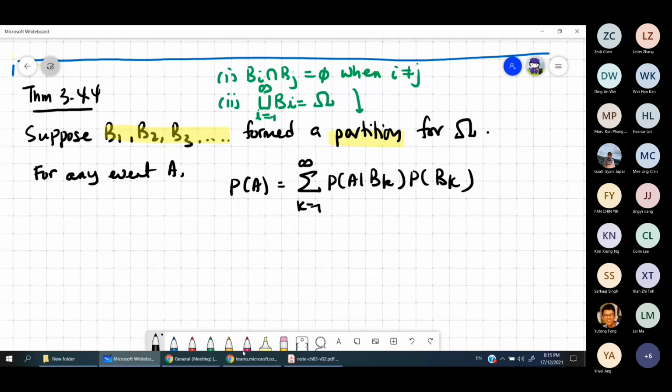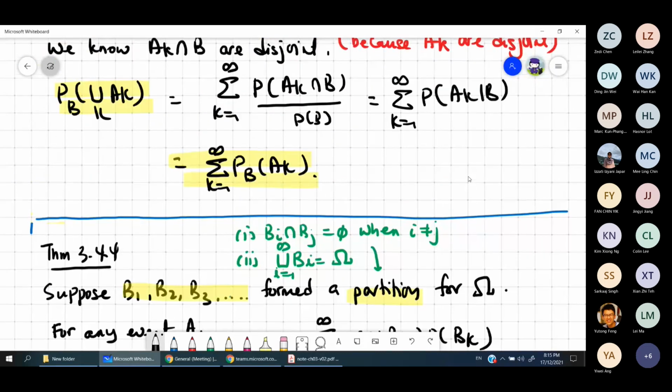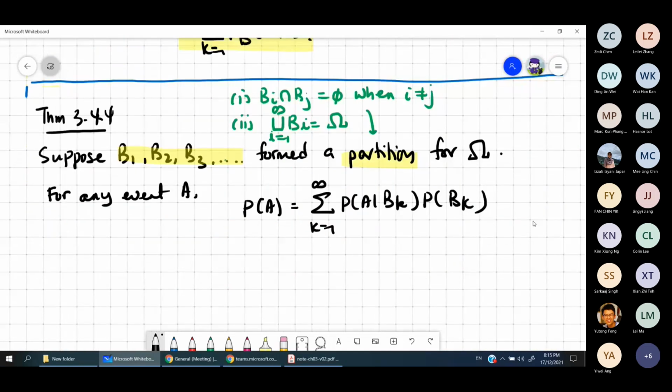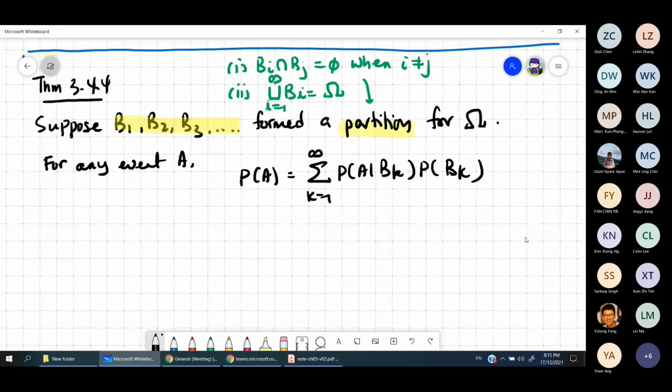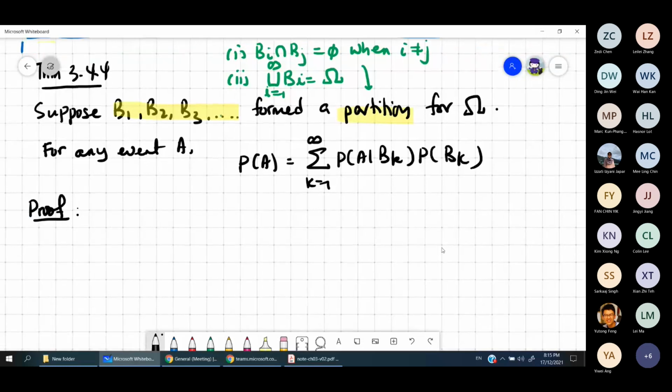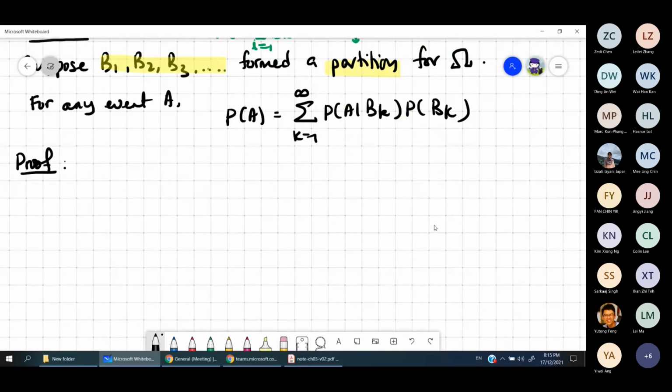We just make use of these definitions as well as this formula here. Maybe we begin with the right-hand side. That will be easiest. So this is the case.